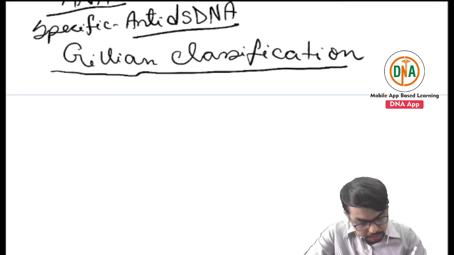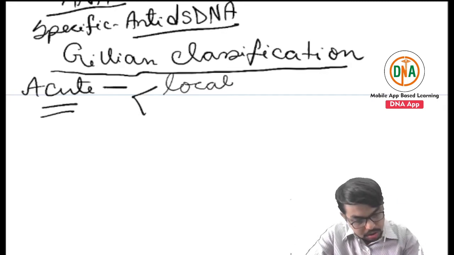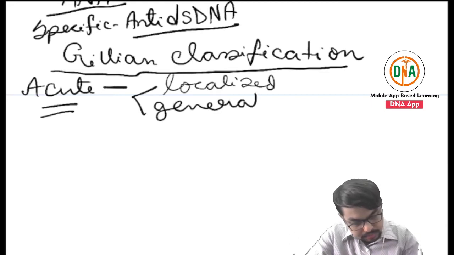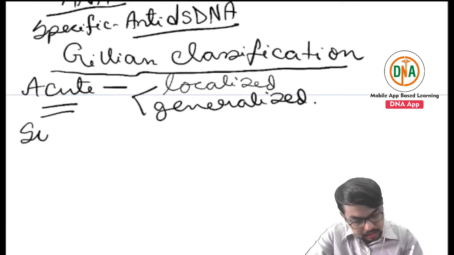First is acute lupus erythematosus. This can be localized or generalized. Second is subacute.